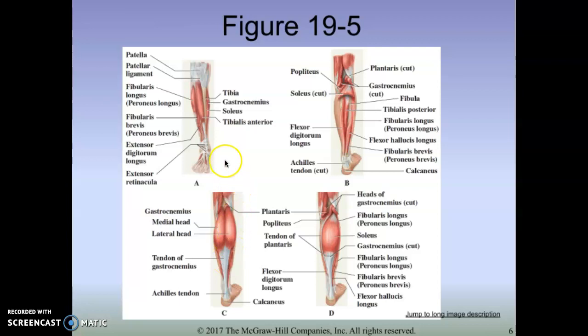Okay, on the front of the shin, so that was all on the back of the calf. On the front of the lower leg, on the shin, we have this big muscle right here. Easy to find if you find the hard part of your shin bone, and then you go just outside, just lateral to that.